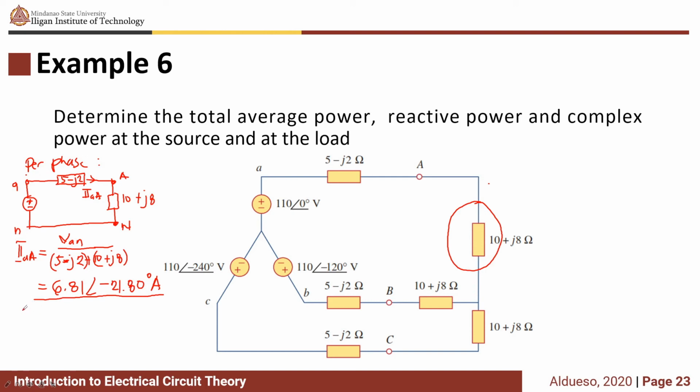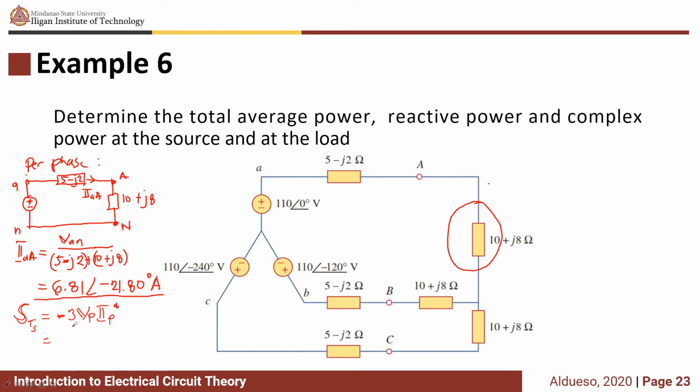So first, let's get the total complex power at the source. We have PS. So following the passive sign convention, this is negative 3 times Vp, the conjugate of Ip.